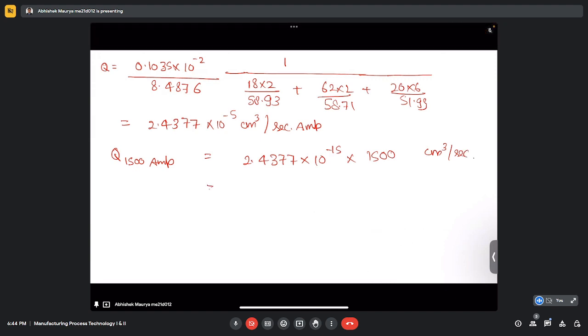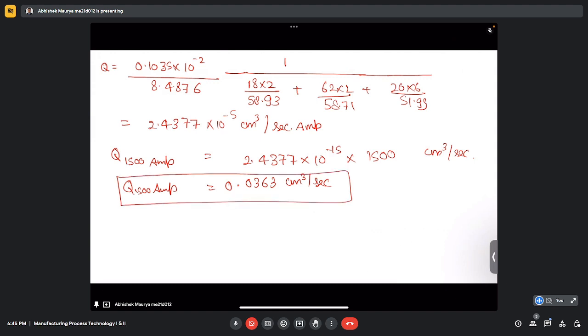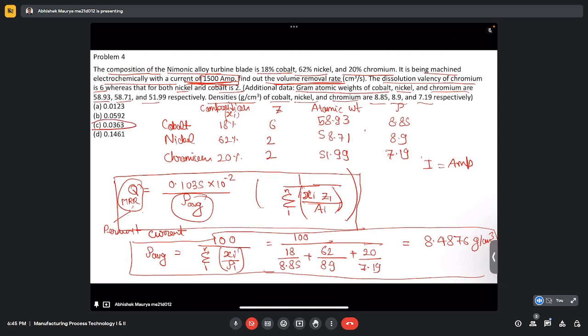So that is nothing but 0.0363 centimeter cube per second. Okay, so which option is this? Yes, C. The correct answer is C. So let's move to the next problem.